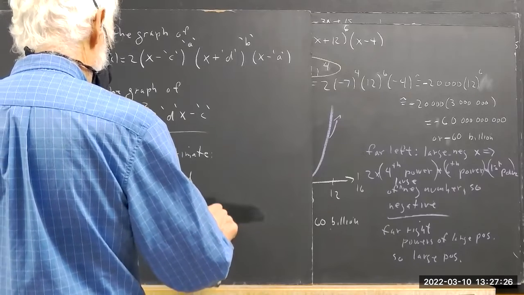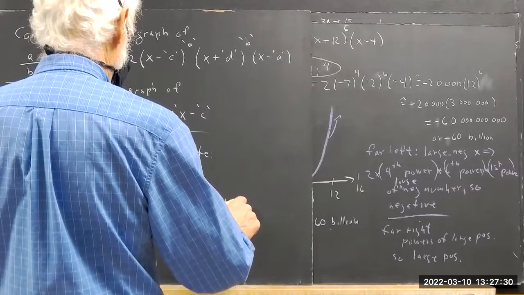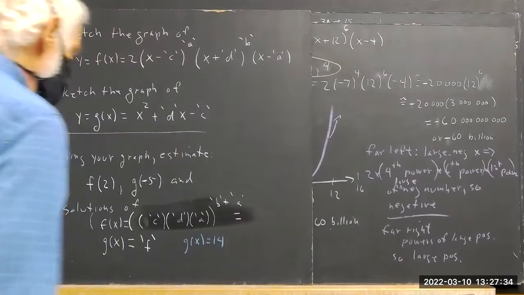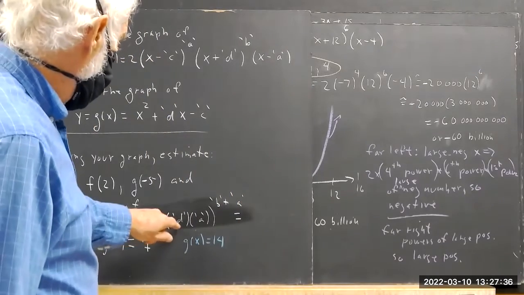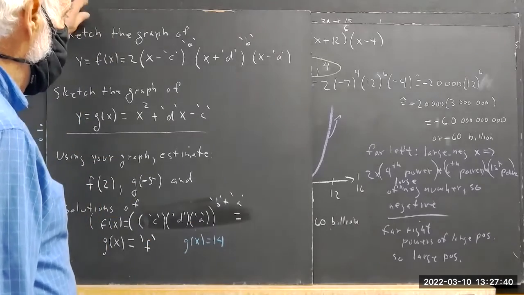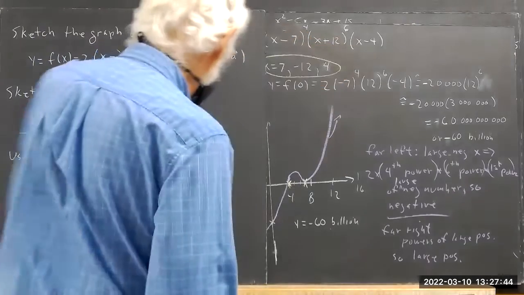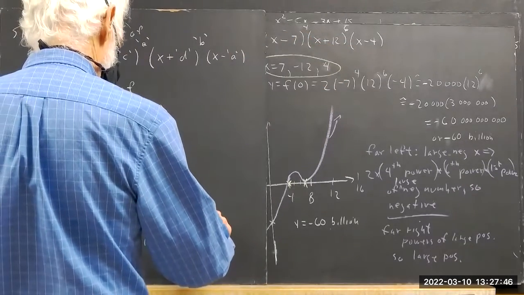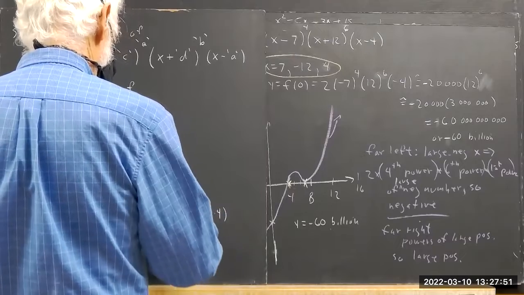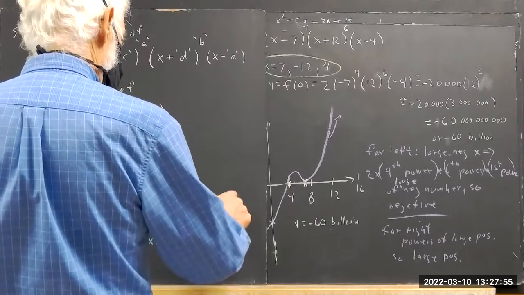You don't have to know why I chose these numbers. That's a little bit complicated. But C times D times A is, in this case, just 7 times 12 times 4. And that should be raised to the B plus A power, and that's the 10th power.